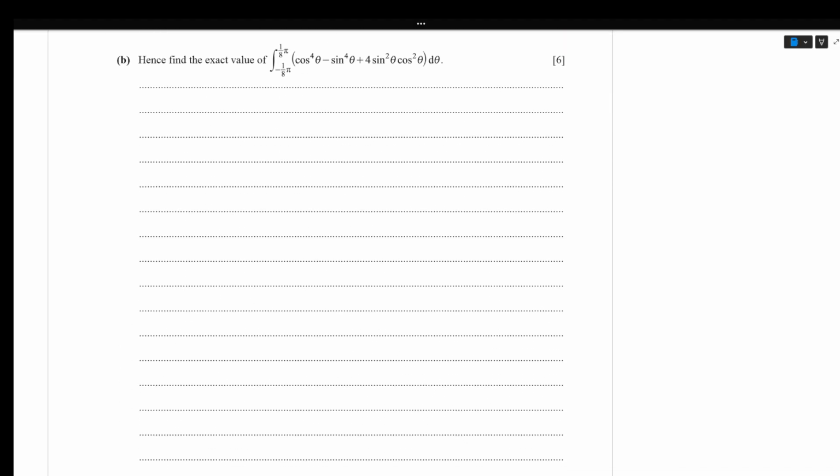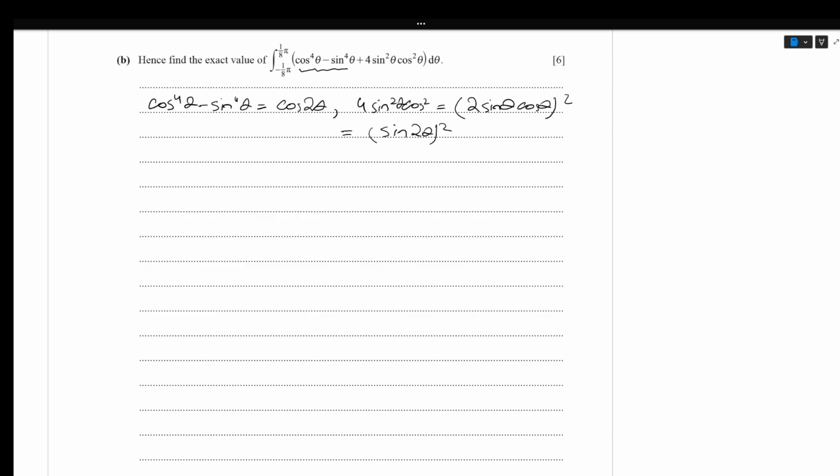7b, the exact value of the integral, and we can write it first. Let me just show that cos square 4 minus sin 4 is cos 2 theta, and then 4 sin square theta cos square theta is (2 sin theta cos theta) whole square, and the inside thing is just sin 2 theta whole square.